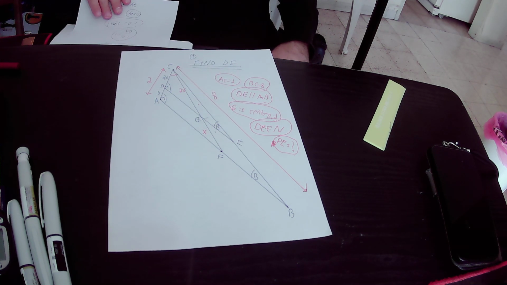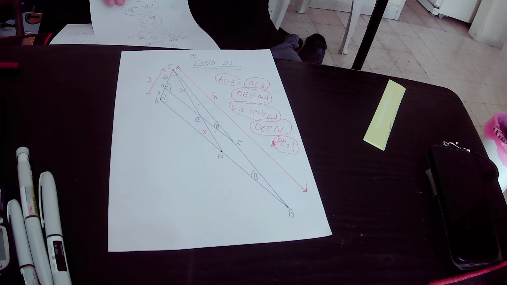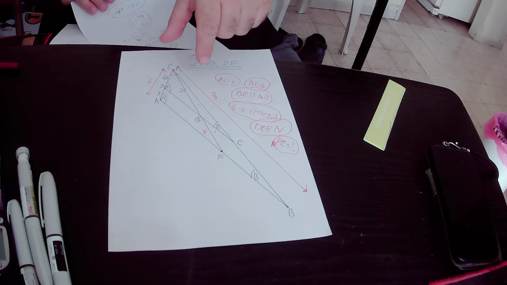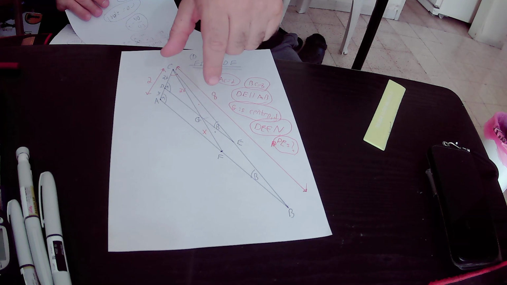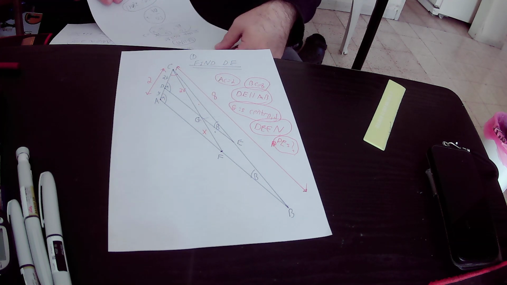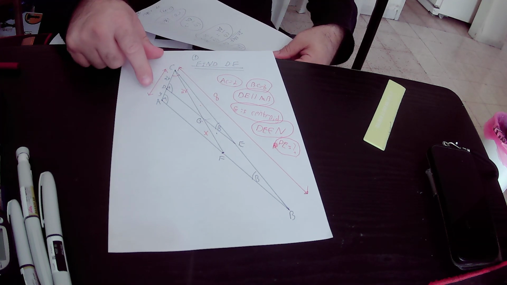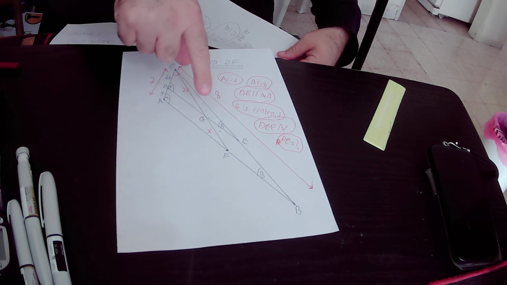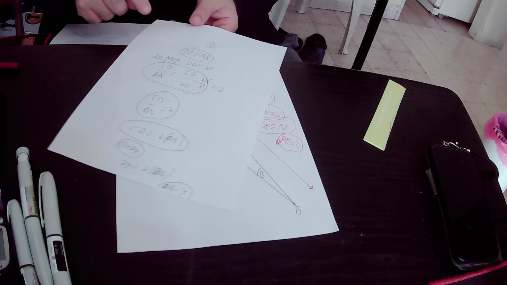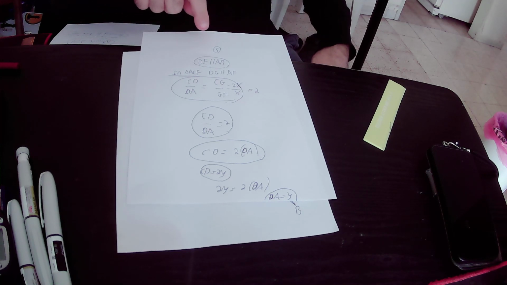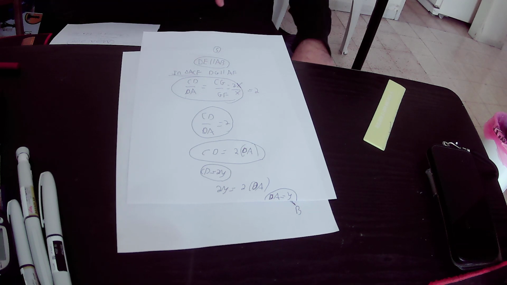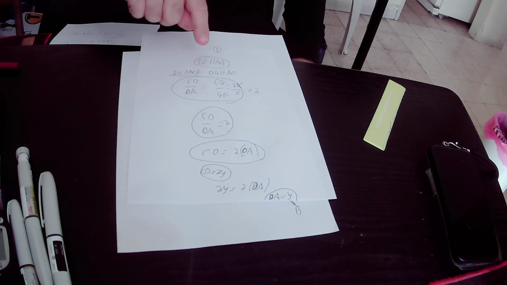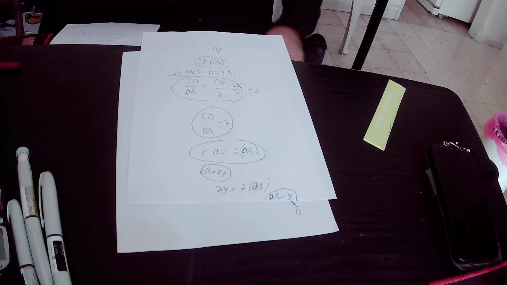According to the rule, if you have a triangle with two sides that are parallel to each other, that is to say DG is parallel to AF, then CD over DA will be equal to CG over GF.